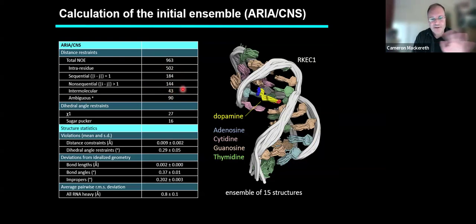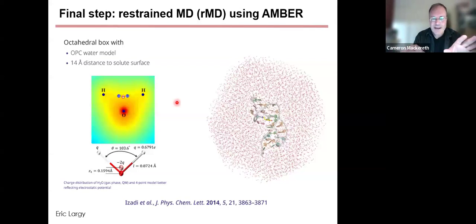So there's no dihedral angles and none of this ambiguous category. Just took those and used a restrained molecular dynamics. And if you have questions about this, this is why Eric's also connected. He can tell you some more details.